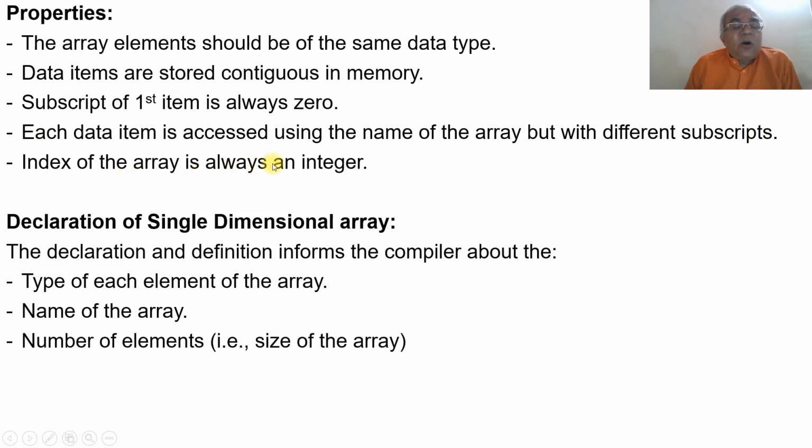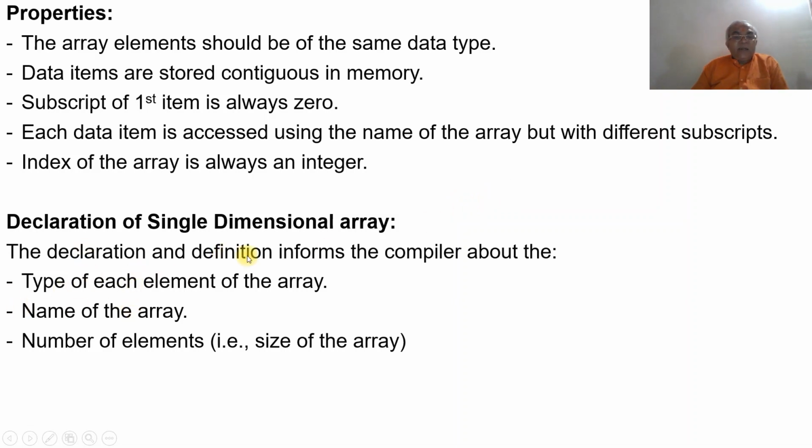The index of the array is always an integer. So we cannot have A[1.1], A[1.2], it is not possible. The index of the array should always be an integer. But the data stored in the array can be an integer, a float, or a char.